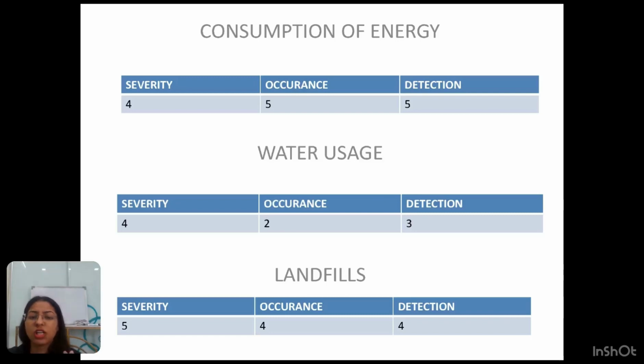Next is the water usage. Since not a lot of water is used in the production of the shoes, occurrence is 2, as I just said. It might differ for other industries, but in this industry it is not used much. Severity is 4 obviously, because it is a very severe issue: a lot of water is used and a lot of water is wasted as well.